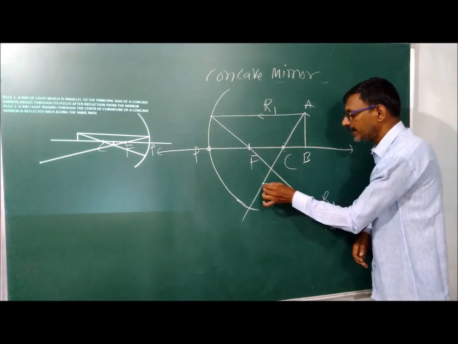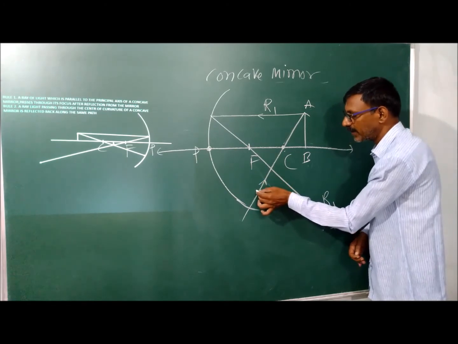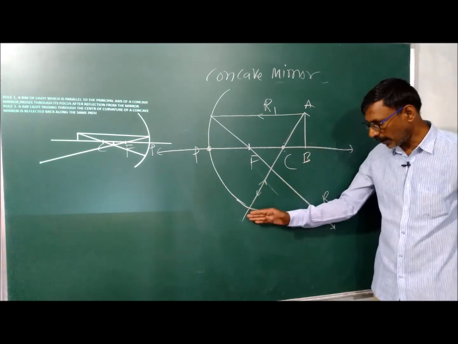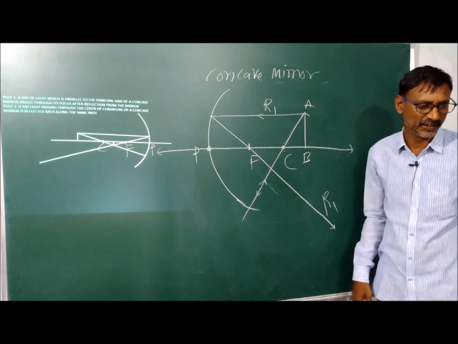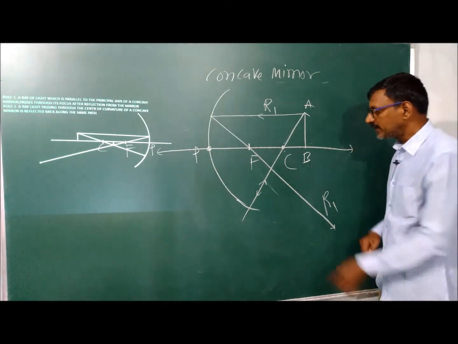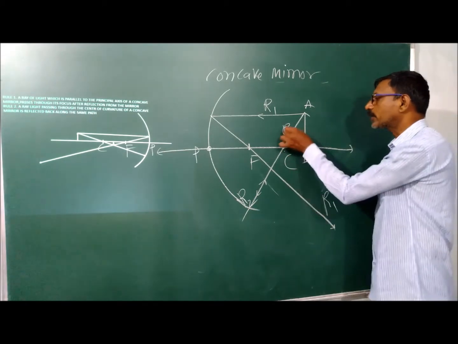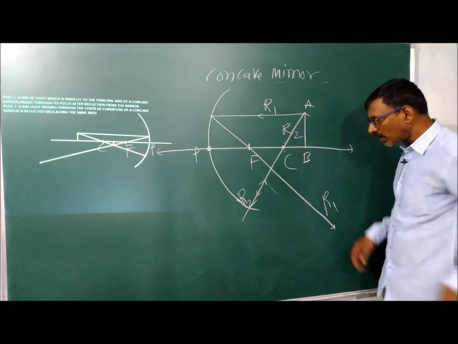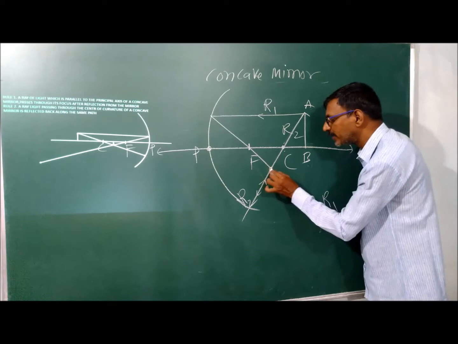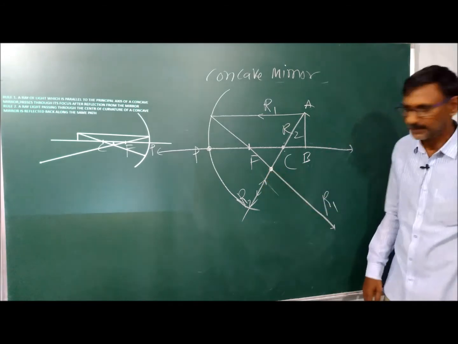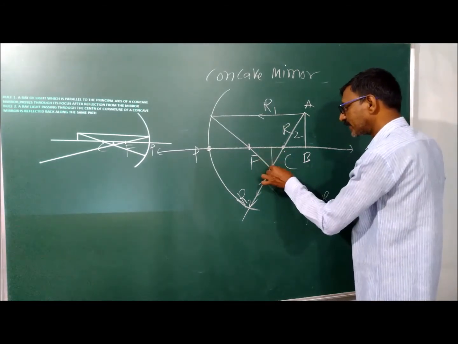It bounces back in the same direction, going and coming back along the same path. This ray is called R2. R2 and R1 intersect at a point. There we find the image, and it is inverted.